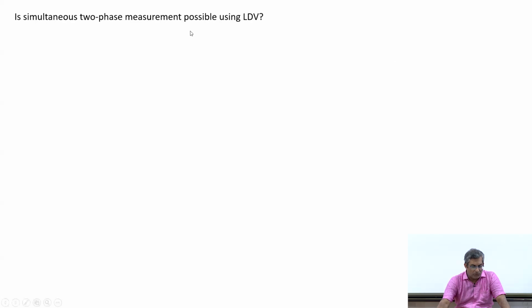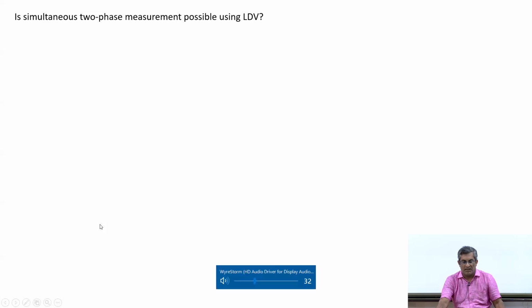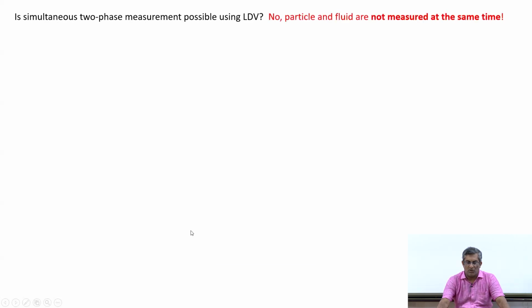Now the next question, as we posed earlier in the case of LDV: is it possible to measure both the carrier phase and the dispersed phase simultaneously, which means at the same time? The answer is no. Why not?